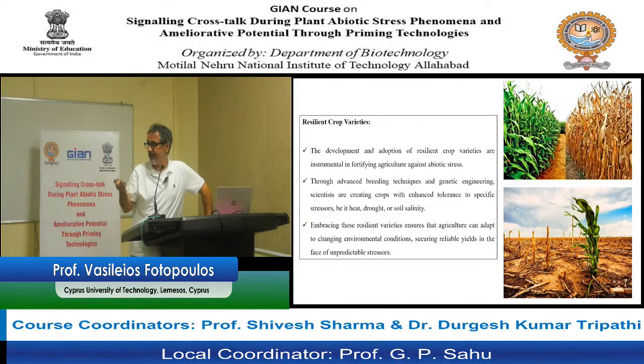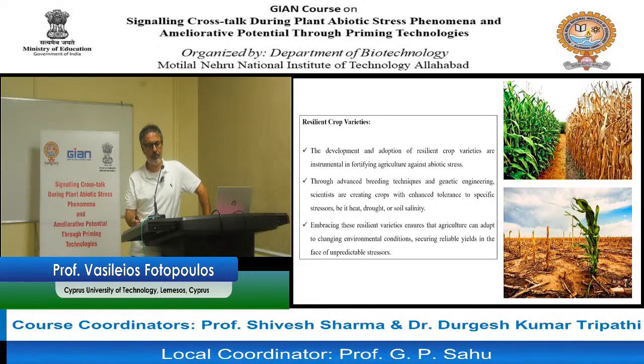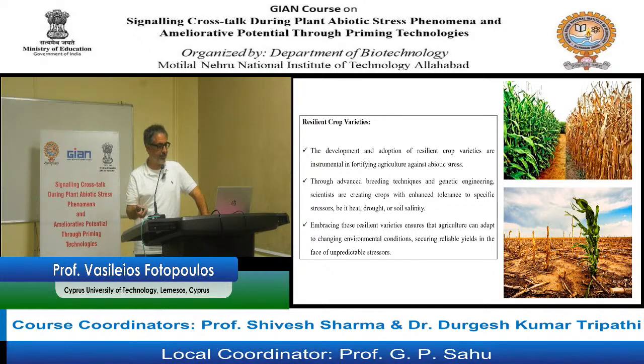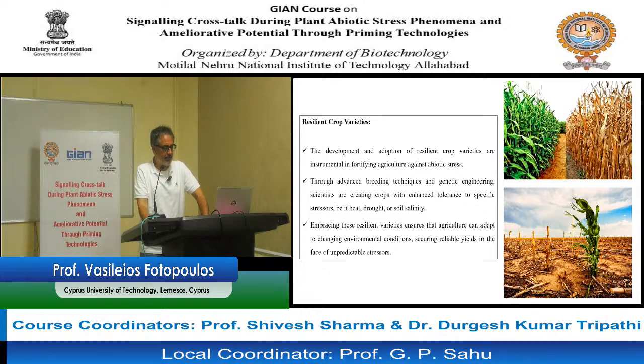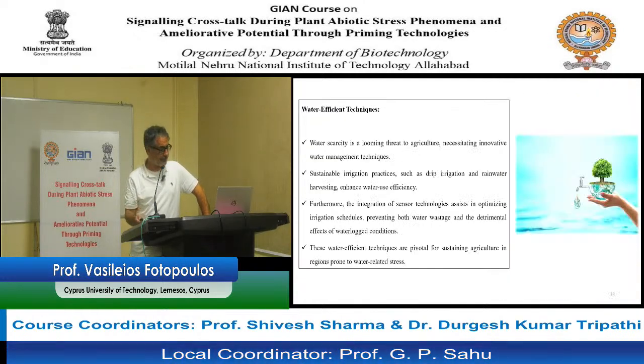So scientists are therefore creating, of course, crops with enhanced tolerance to specific stressors, mainly focusing on the climate change related ones, which is heat, drought, and salinity. And enhancing these resilient varieties ensures that agriculture can adapt to changing environmental conditions and thus secure reliable yields in the face of unpredictable stressors.